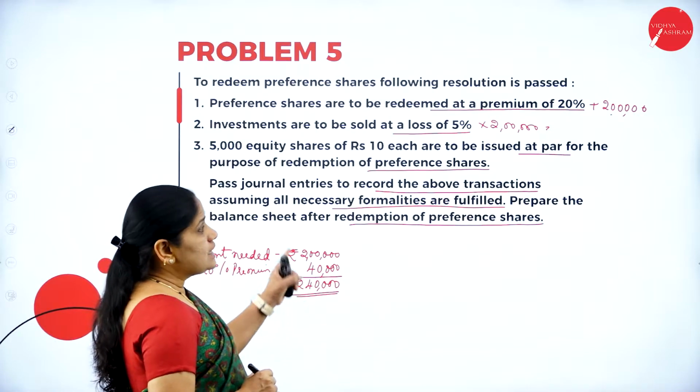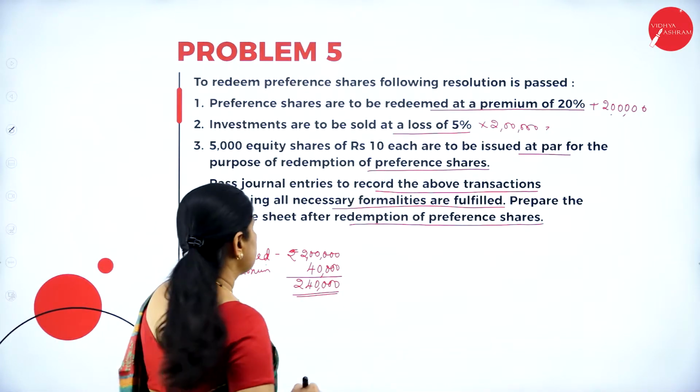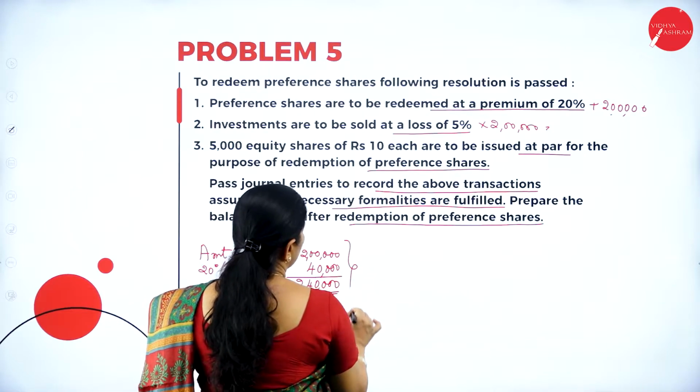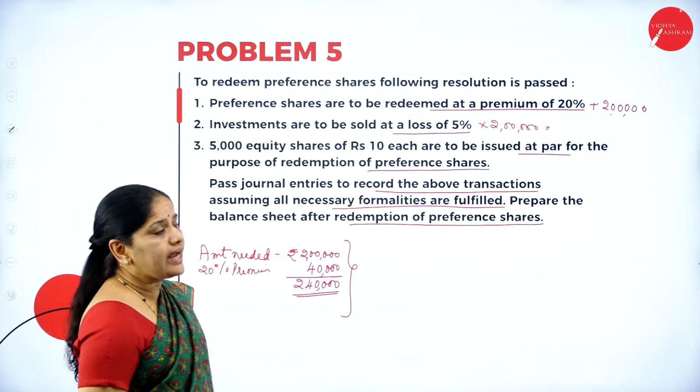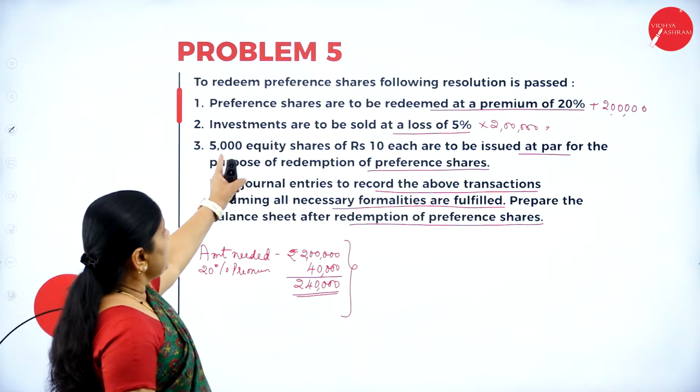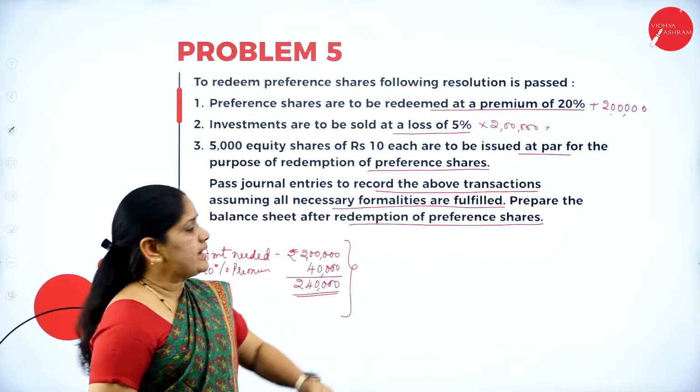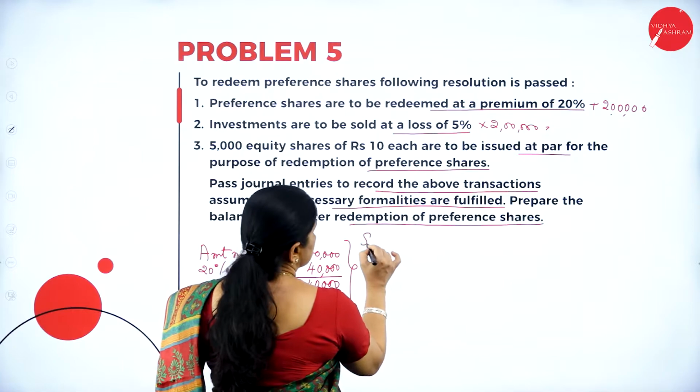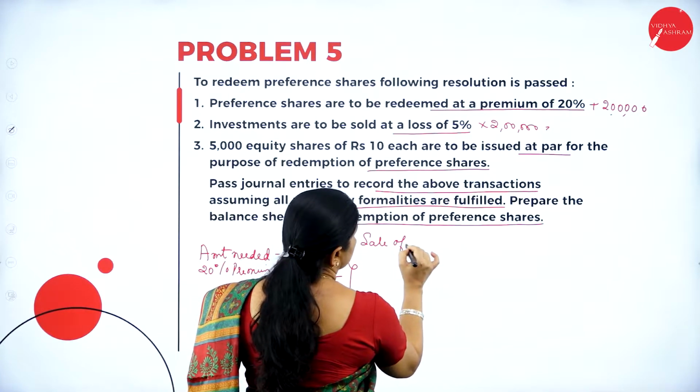But then what are the arrangements they have made? In order to raise the funds for 2,40,000, the company is selling the investments. So we have sale of investments.